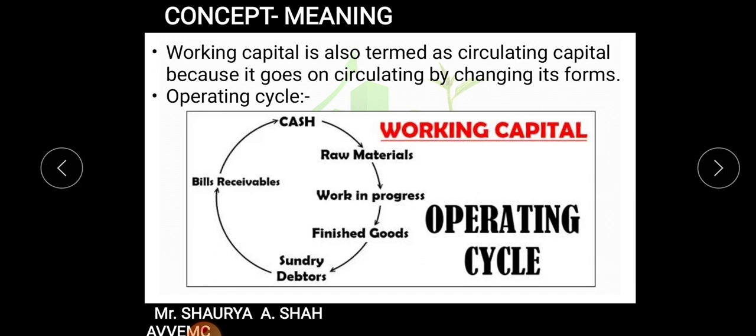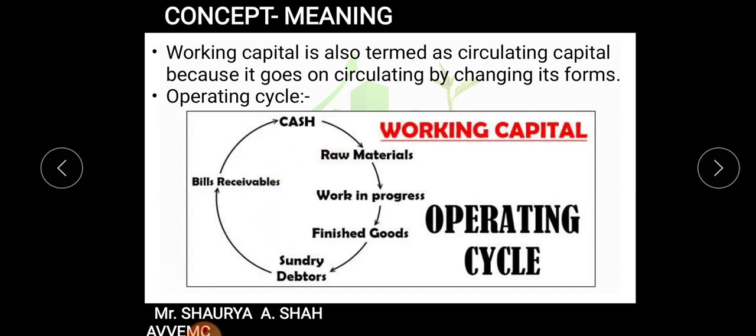So the sum total of all these forms is known as your total working capital, because this is completely your current assets. I hope it is clear, right? So this goes on circulating through different forms. As long as the circular flow of working capital goes on in good health, the business continuously runs, right? If any disturbance happens in this cycle, then your operating cycle is affected, right?